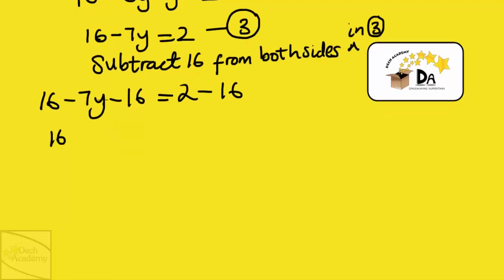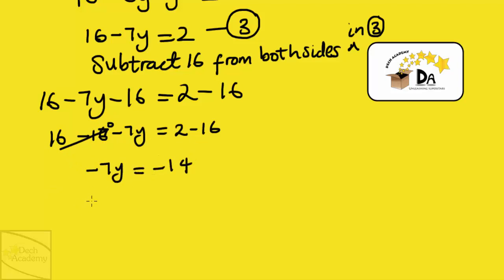If you swap the position of minus 7y and minus 16, this cancels out to 0. So you have minus 7y equals 2 minus 16, which is minus 14. You can divide through by minus 7, which gives y equals 2. So now we have a value for one variable, y is equal to 2.